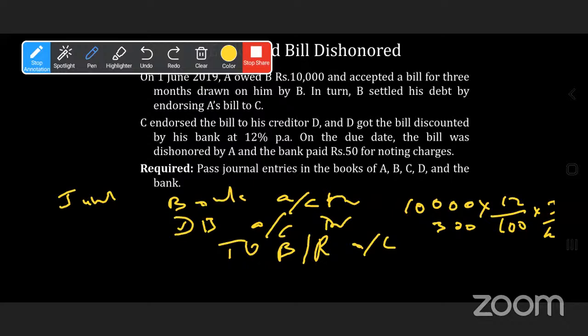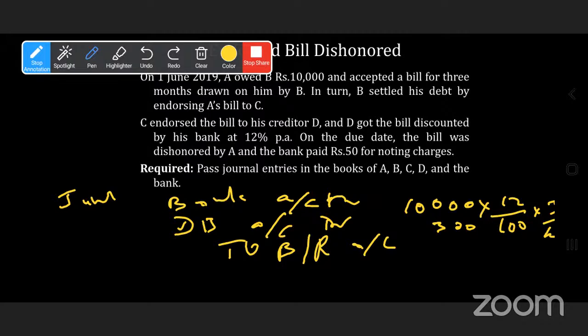You have to discount it only for 3 months, not for the whole year. If it is for the whole year, it is a huge amount as discount. You have to consider it for only 3 months, that is 3 by 12. Okay, thank you.